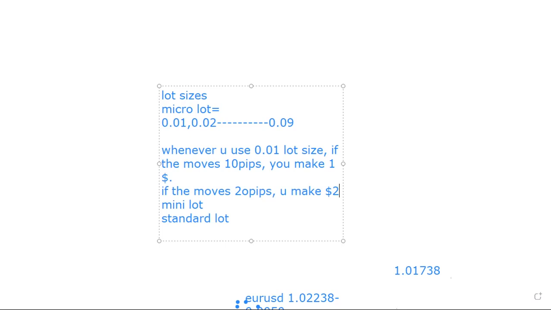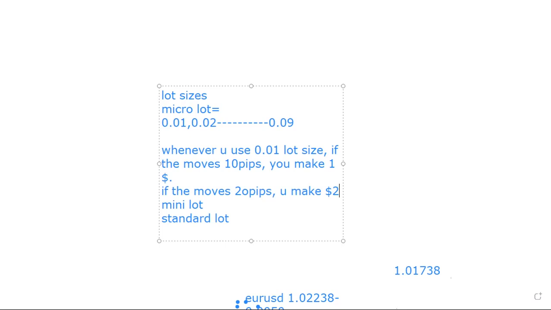But let me now give you another scenario. Let's say we're using 0.02 lot size. If the market moves 10 pips, you will make $2. Right. When you're using 0.02. Good. Now, if the market does 20 pips, you make how many dollars? $4. Good. So it's more like double.